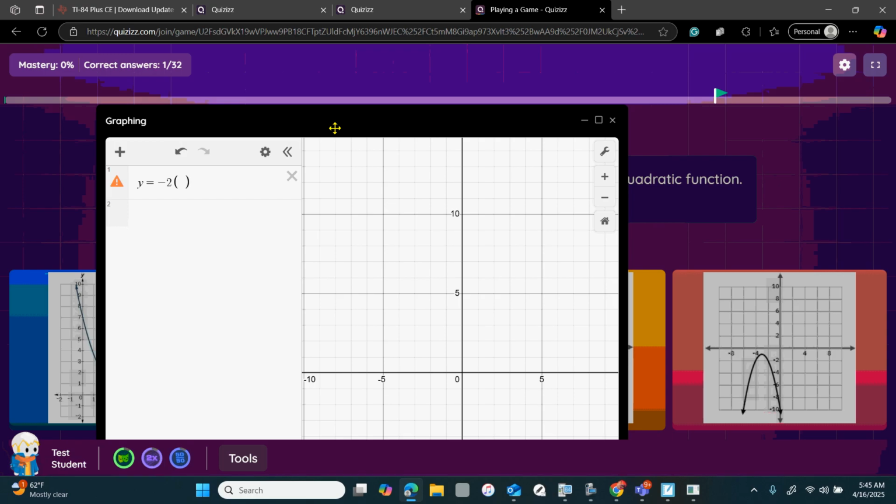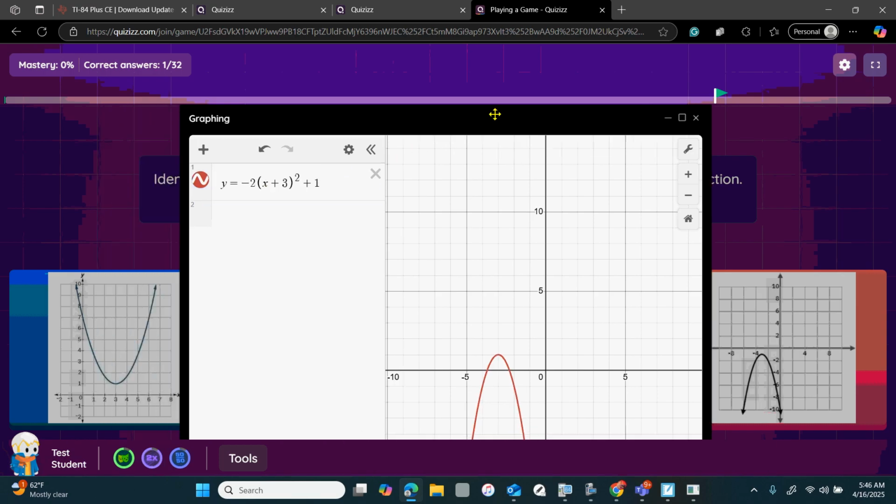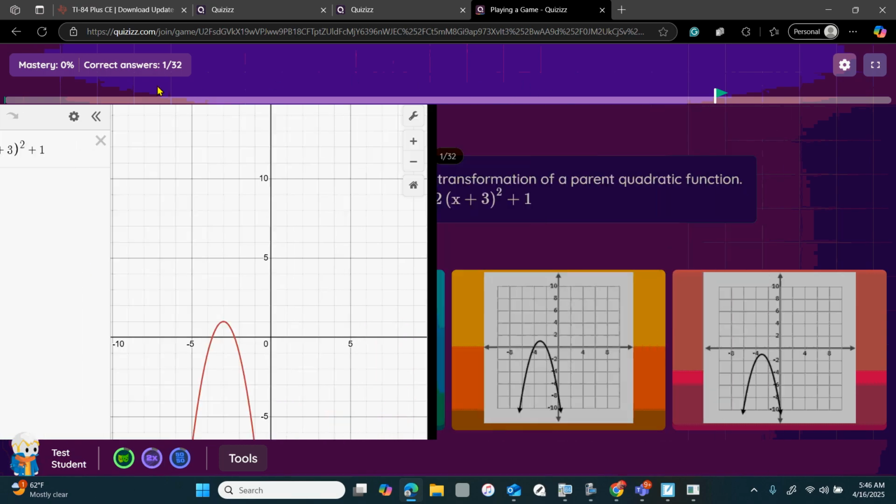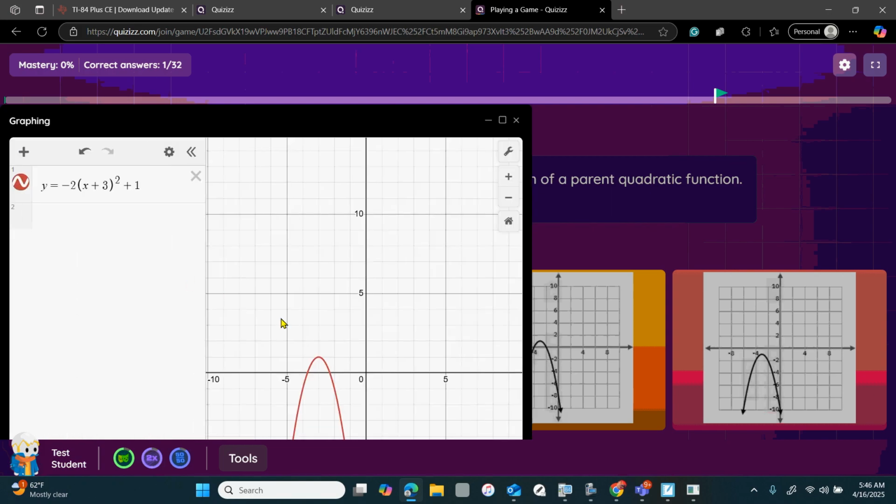So x plus 3, close parentheses. We're going to square that. And then we have plus 1. Okay, so we can look at the graph and kind of help us see which graphs match. I can also click and see where these y-intercepts are, like that.